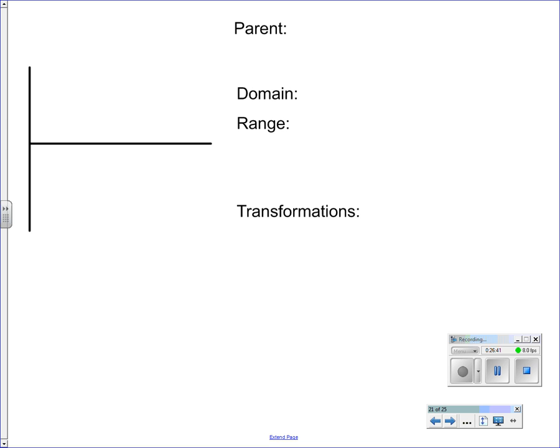And the last one is cosecant. Which is our reciprocal function for sine. So we graph this same way we graph secant. We start with our reciprocal function, we start with the sine function, and then we flip the graph.